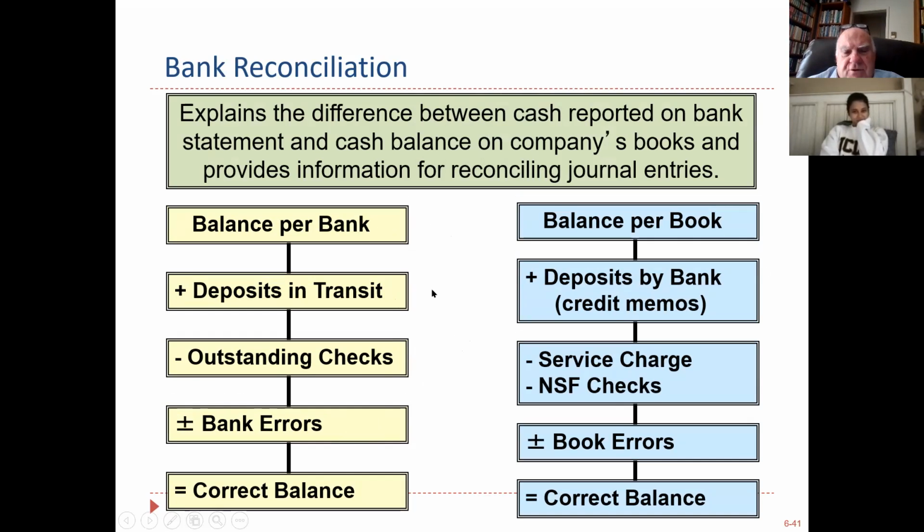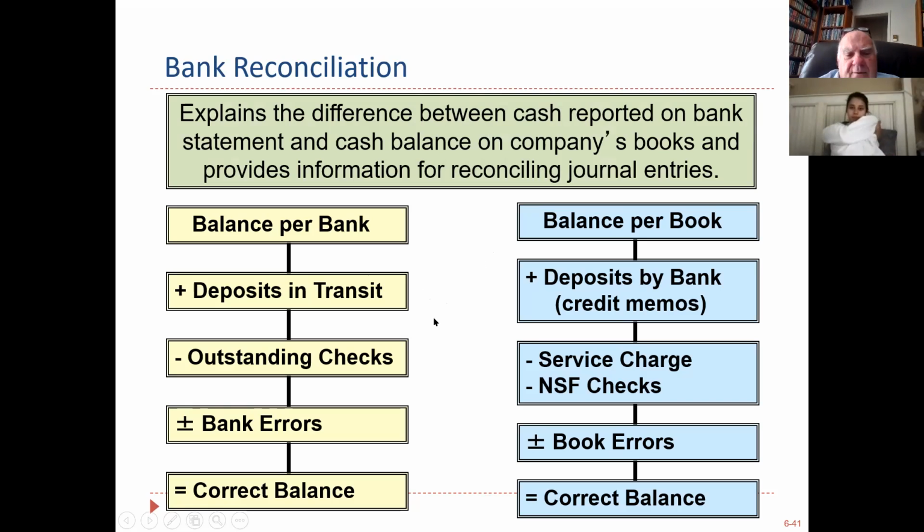So what's a deposit in transit? That is a check that was written by one of our customers. Our customers wrote checks, and that check was recorded in our check register, but we haven't brought it over to the bank yet. So that when the bank sent us the bank statement, it wasn't there.